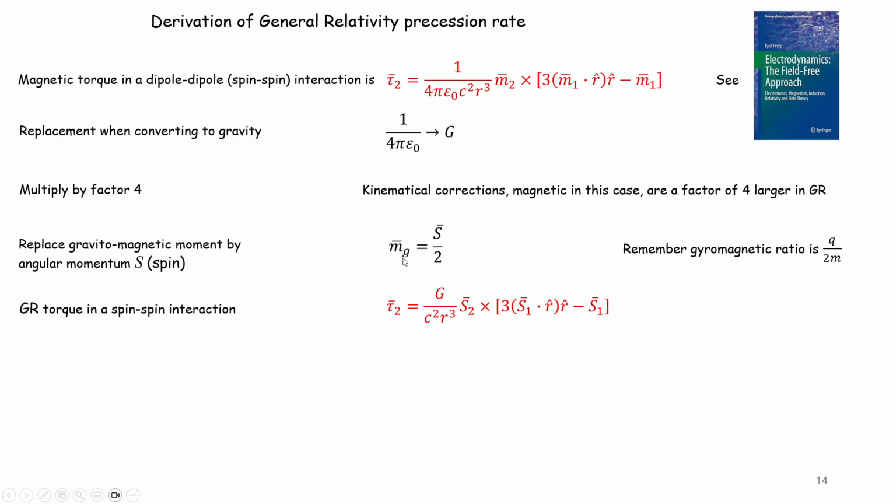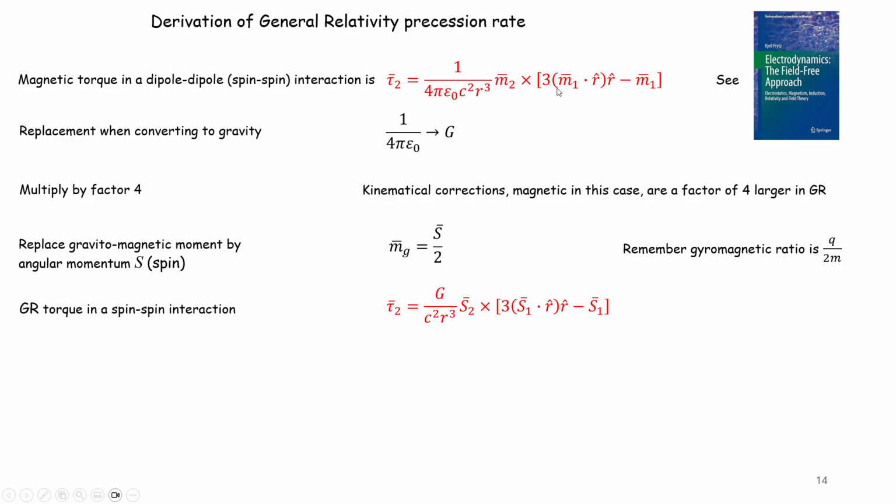And then we shall convert to spin, and when we do that in electrodynamics, we multiply the spin vector with the gyromagnetic ratio to get the magnetic moment. And that is charge over 2 over mass. Now we replace charge with mass, so the gyromagnetic ratio will become 1/2. So that's why we have 1/2 here.